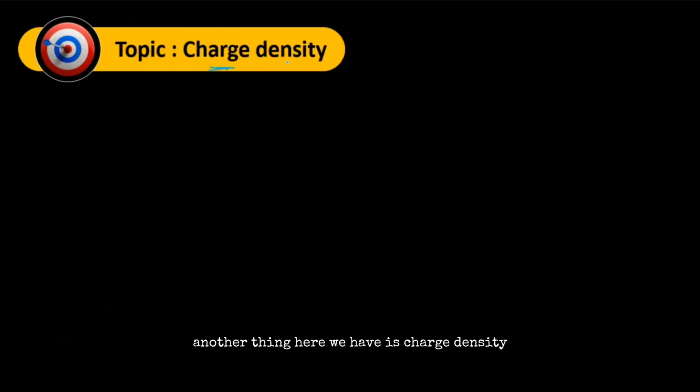Another thing here we have is charge density. These are the terms that you will see in numericals or the problems you get from your school. That is the reason we have to discuss each and every term before actually moving ahead into the concept. So what is charge density? Before understanding charge density, let us talk about density.